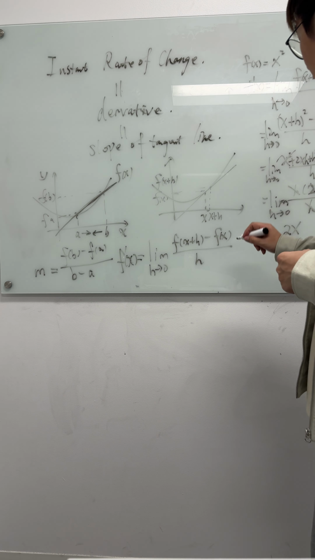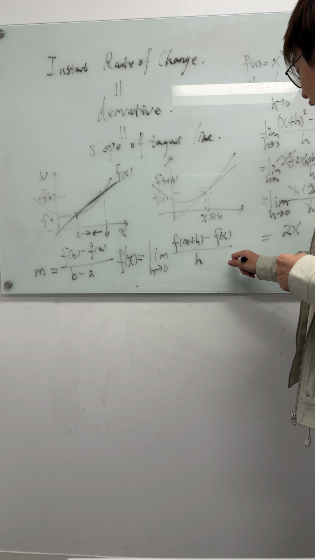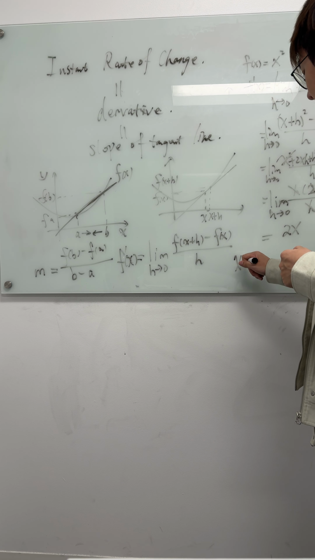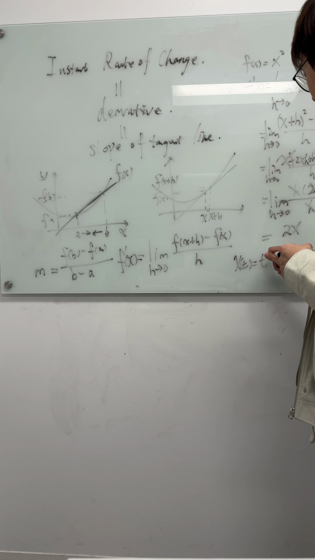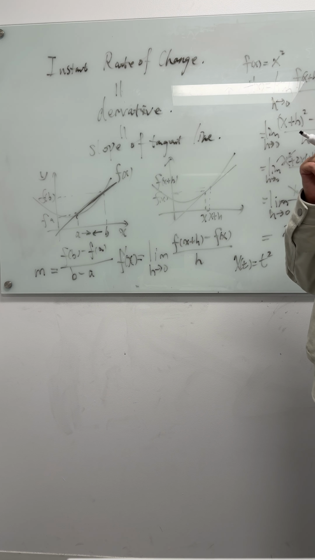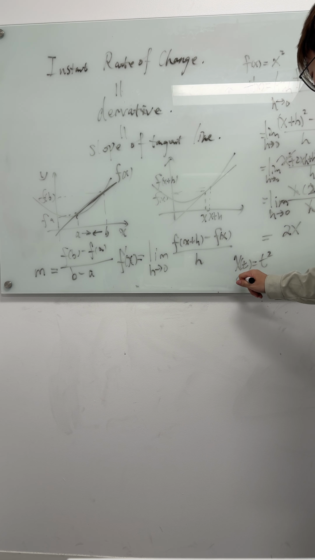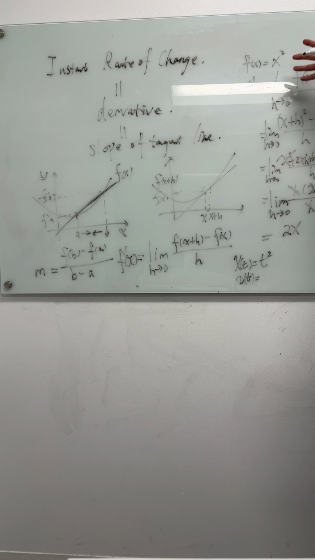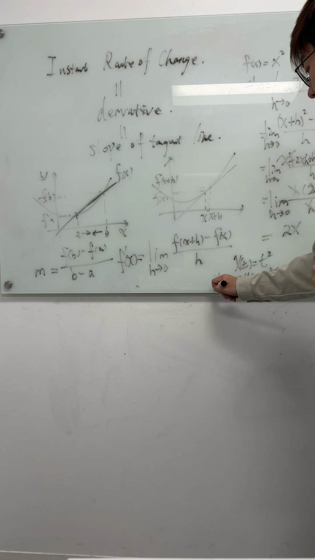If you have a position, a displacement function x(t) equal to t squared, what is your velocity function? Following these steps, you finally get 2t. You can see this velocity is the derivative function of x.